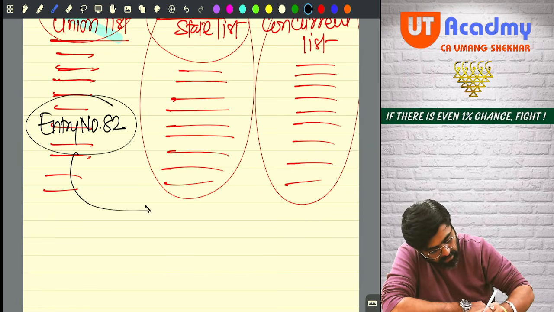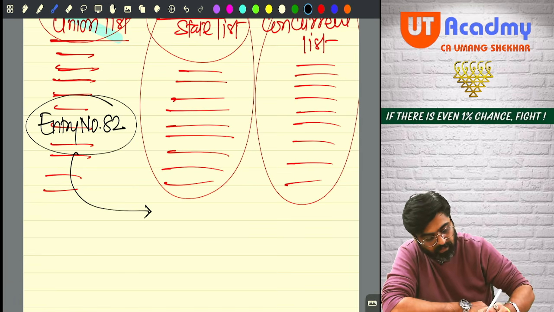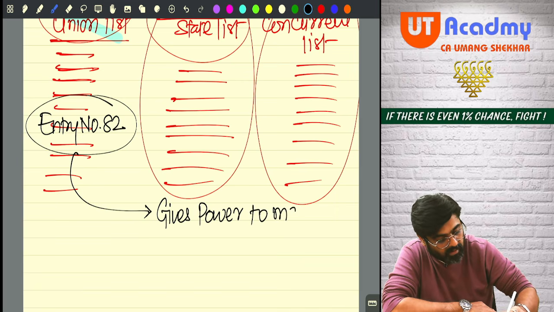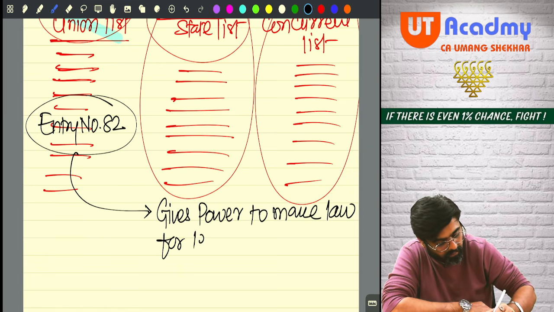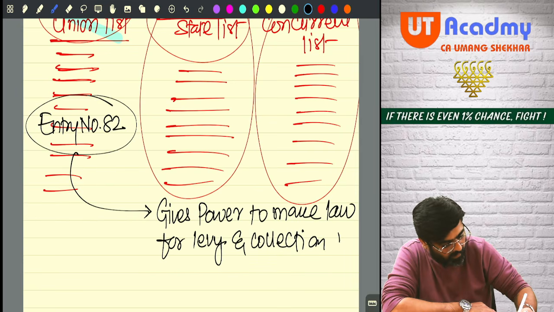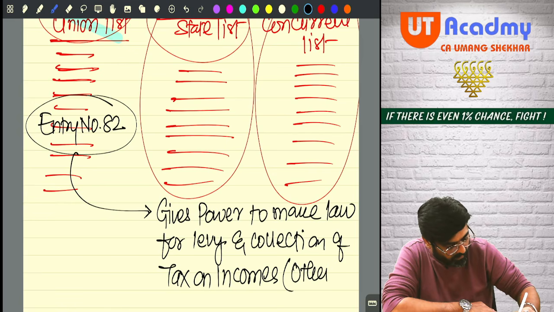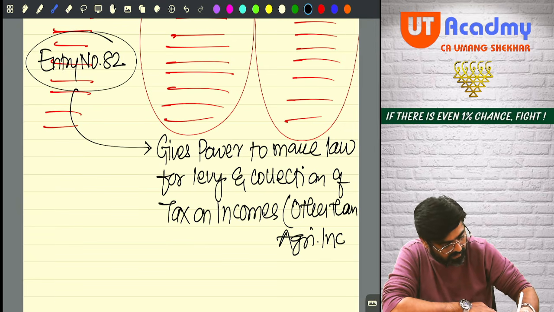Now this entry number 82 of the Union List, list 1, gives power to make law for levy and collection of tax on incomes other than agricultural income.